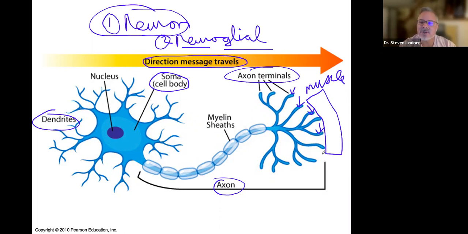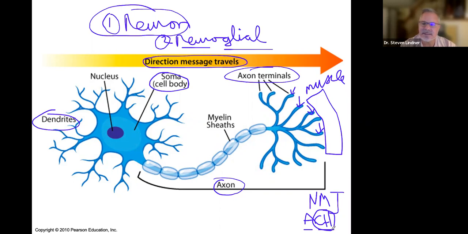At the junction between the nerve and the muscle, we call it the neuromuscular junction. The neurotransmitter that's really important at the neuromuscular junction is called ACh, which is an abbreviation for acetylcholine. Choline is rich in eggs, especially the yolk of the eggs.